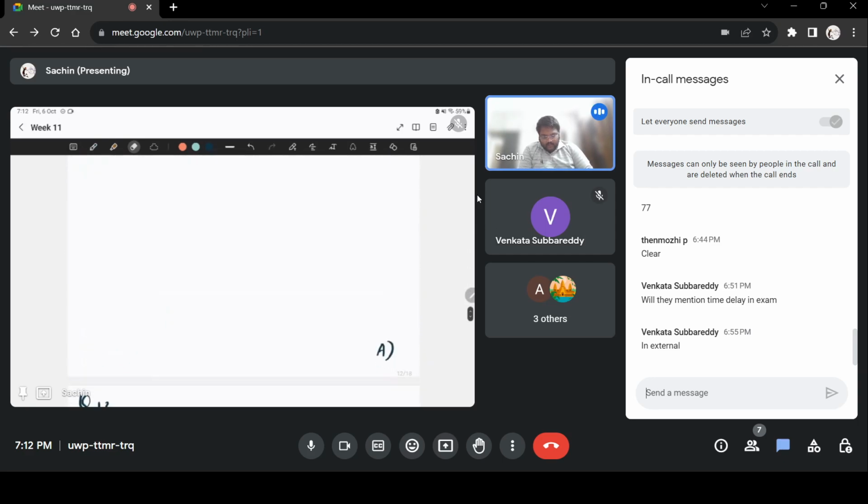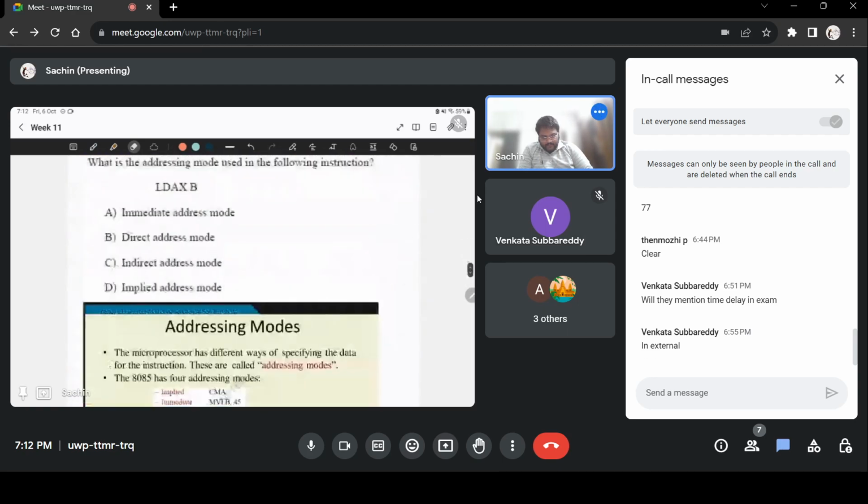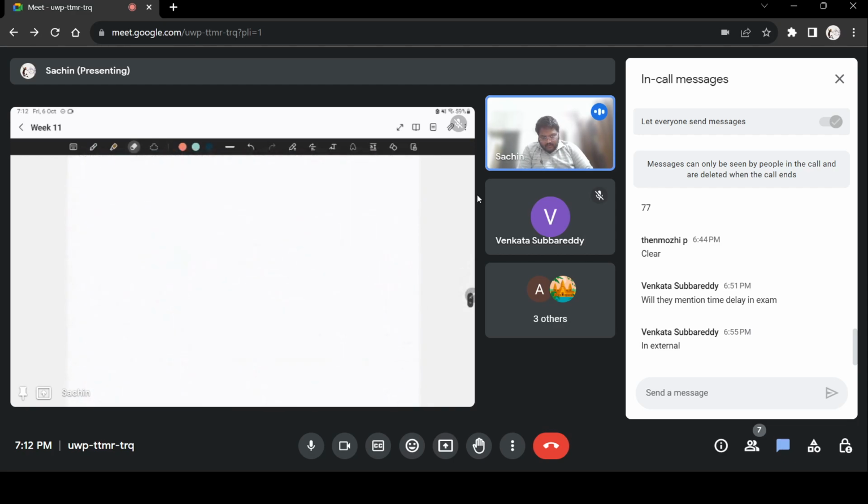Question number 12. So we have to do 12 and 8. Question 12: What is the content of the accumulator after the execution of the program? Assume 8085 flag register is initially reset. That means all your flag bits are 0.